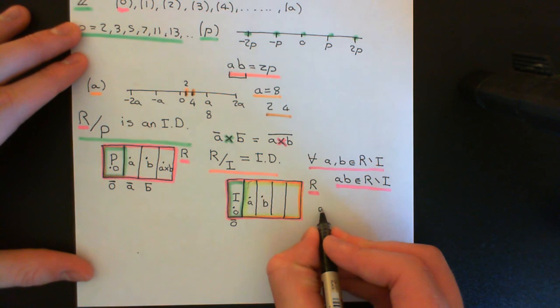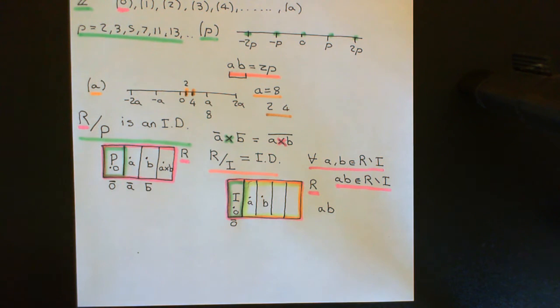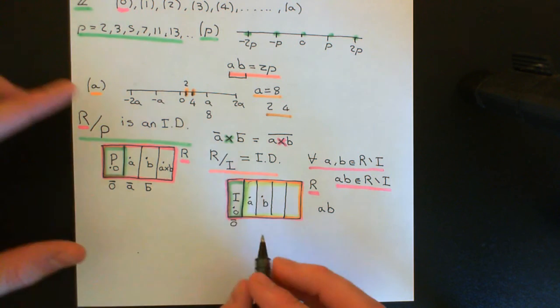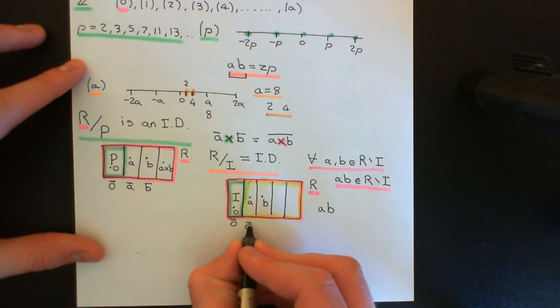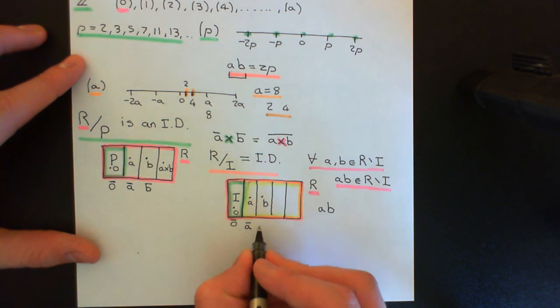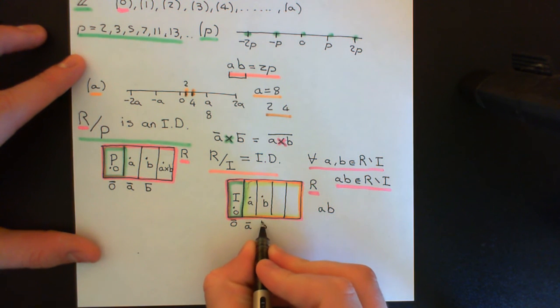So we're trying to gain insight into what a times b is equal to. The way we're going to do it is to say a must be in some coset in the quotient ring. Let's say it's in the coset a bar, named after itself. b must be in some coset in the quotient ring as well, and we'll call that coset b bar.